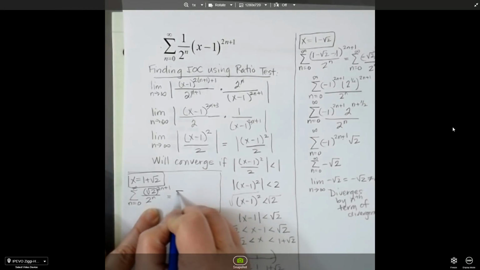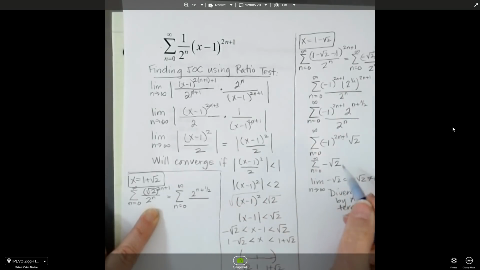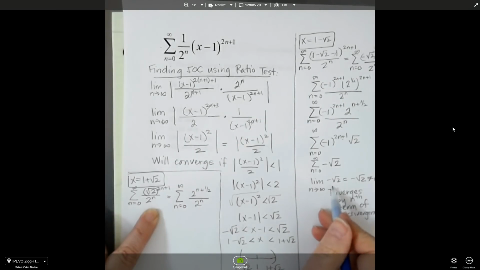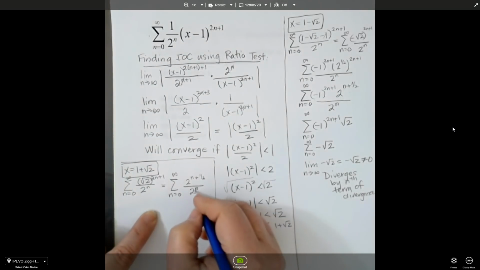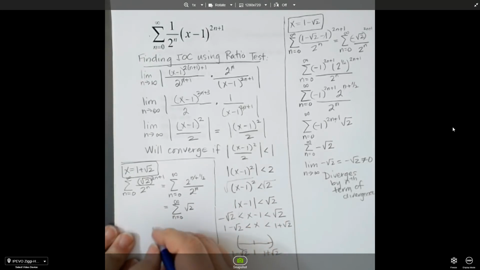All right, and that's going to equal the sum from n equals 0 to infinity of 2 to the n plus 1/2. Remember, because we simplified that on this side over here. And there's no alternating piece here, or always negative piece here. And the 2 to the n's are going to cancel, and then I'm going to be left with just the sum as n goes from 0 to infinity of the square root of 2, which also diverges by the nth term test, because the limit as n goes to infinity of root 2 is equal to root 2, and that's not equal to 0, so this diverges by nth term test.